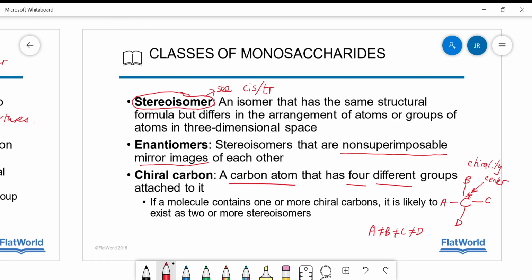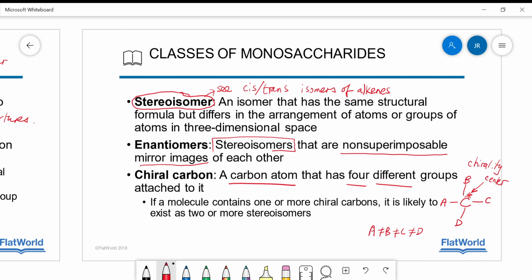Go back in your notes and look at cis-trans isomers of alkenes. In the previous chapter we looked at cis-trans isomers, and that would be an example of a stereoisomer. Enantiomers are also stereoisomers, but they're not cis-trans isomers.